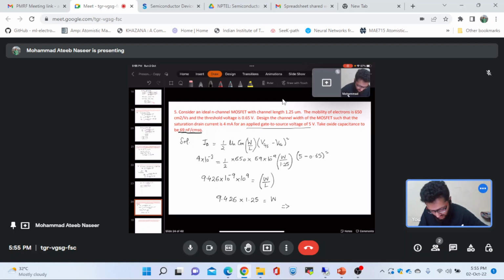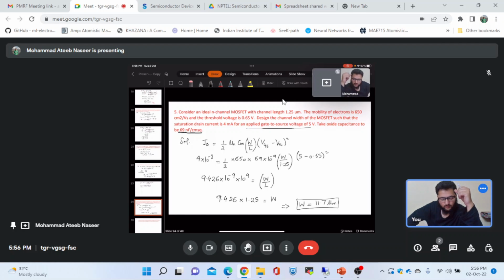So the W will be equal to 11.7 micrometer. So we have designed this MOSFET with the W of 11.7 micrometer.